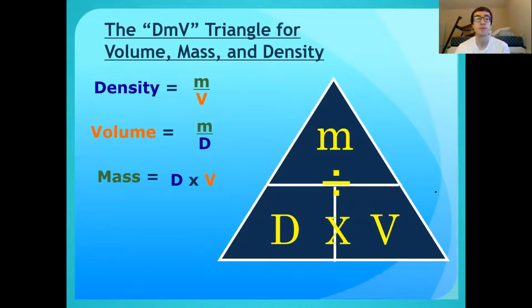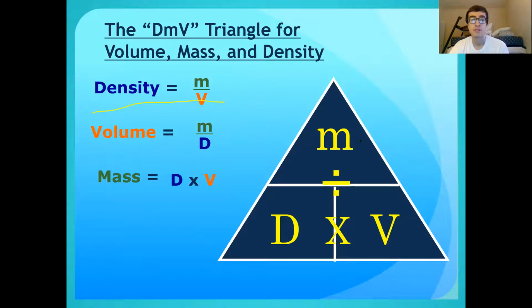All right, so when we think about mass, density, and volume, we can think about it in terms of this little triangle here. The way that this triangle works is that you can cover up the portion of what you're trying to find, and the remaining two letters will tell you what you need to do in order to find it. So, for example, like we've been talking about, density equals mass divided by volume.